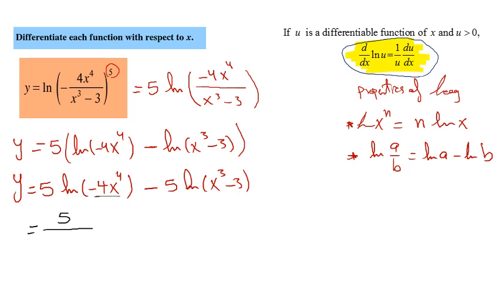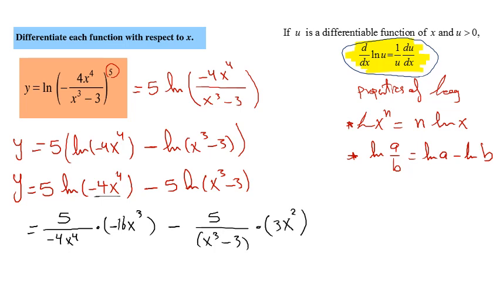So it's 5, I put down the function negative 4x to the power 4 multiplied by the derivative of the function, so it's going to be negative 16x to the power 3, minus 5, I put down the function multiplied by the derivative of the function, 3x squared. So I can simplify it by dividing by negative 4.